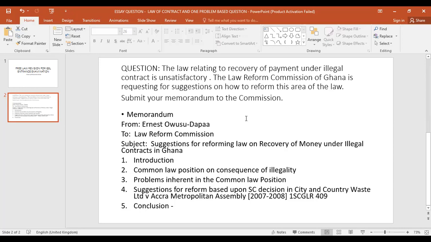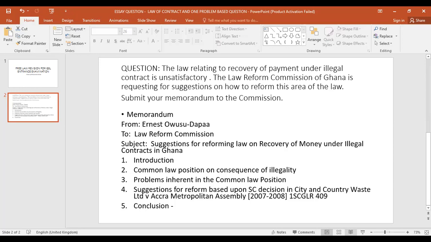In the introduction to an essay like this, we must state or declare the purpose for which we are writing this particular memo.